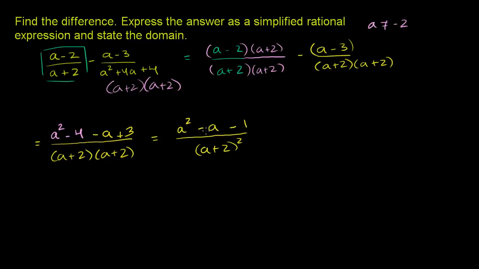So there's not going to be any more simplification, even if we were able to factor the numerator. So we're done. We have simplified the rational expression, and the domain is all a's given that a does not equal negative 2. All a's except for negative 2. And we are done.